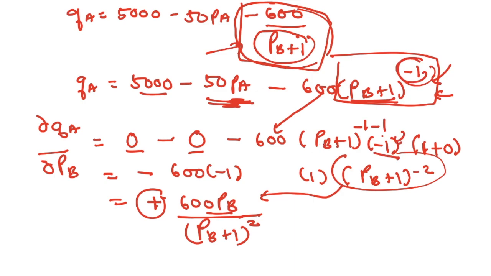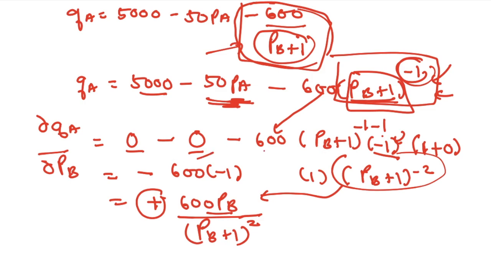And then you differentiate the PB plus 1 in the bracket. When you differentiate PB plus 1 here, it becomes 1 plus 0, because PB, when you differentiate it, becomes 1. Plus 1, you differentiate it, it's a constant, you don't see PB. When you differentiate it with respect to PB, it becomes 0.